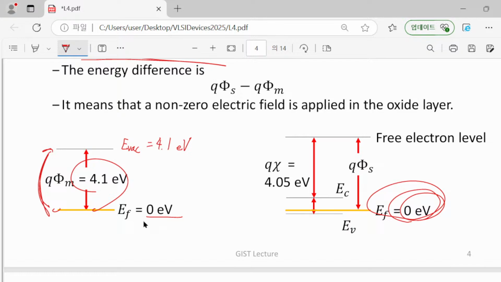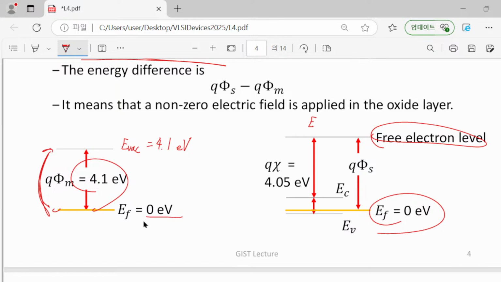Let's try the same thing for our silicon case. Even in the silicon case, we will use the Fermi level as the reference value. Then where can we find the vacuum level? As we discussed up to now, the vacuum level would be around 5 electron volts. This 5 eV is not a definite number; depending on your doping concentration, it can change highly.